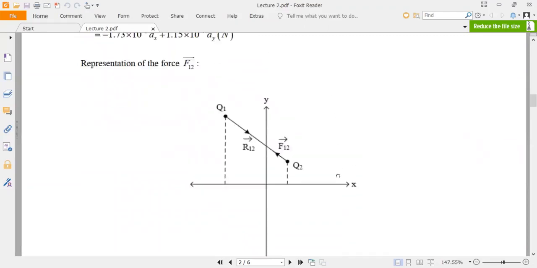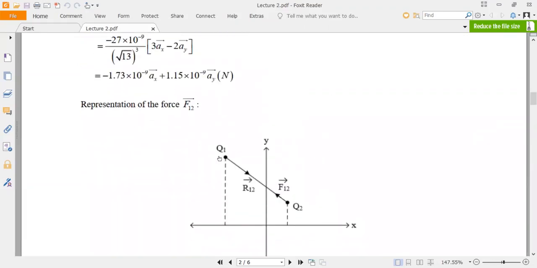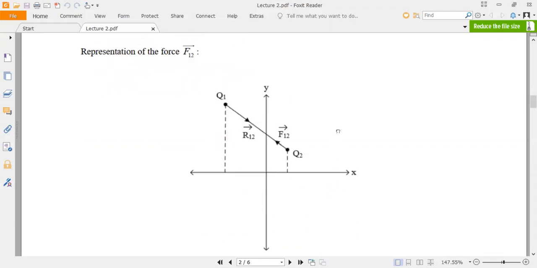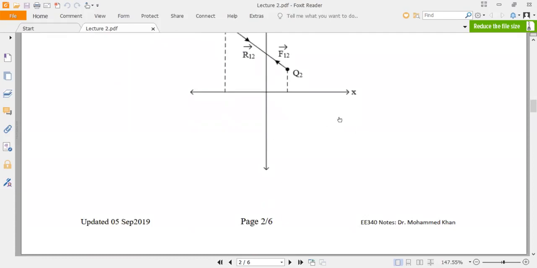And how is the force? The force is attractive because one is positive and one is negative, and this is the direction of the force, towards them. And this is the distance vector, which always points from Q1 to Q2.